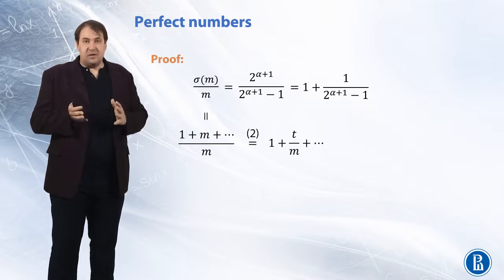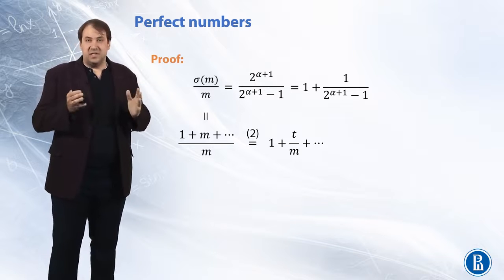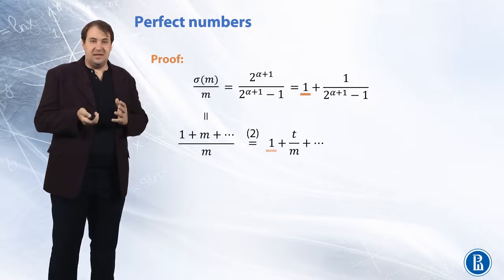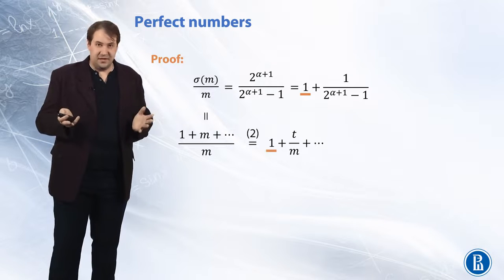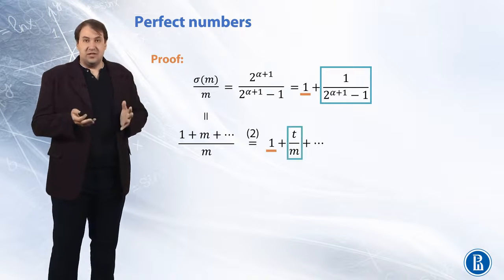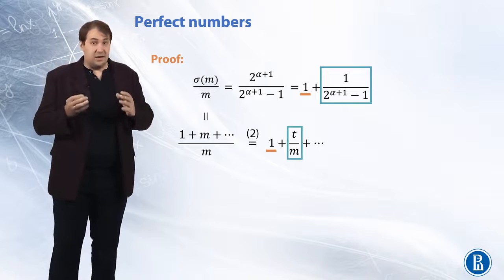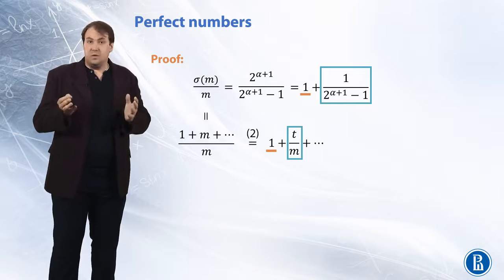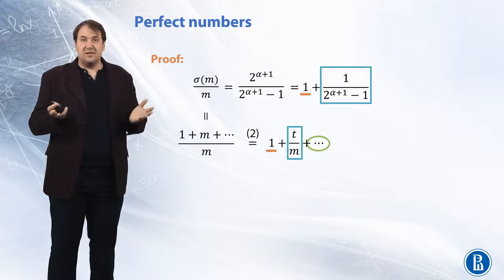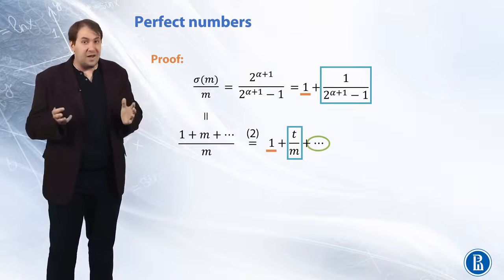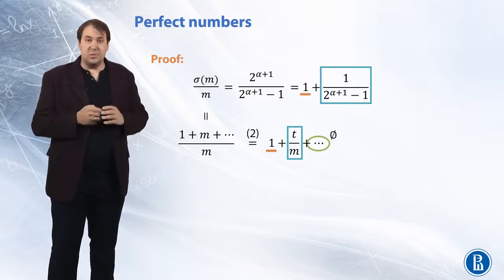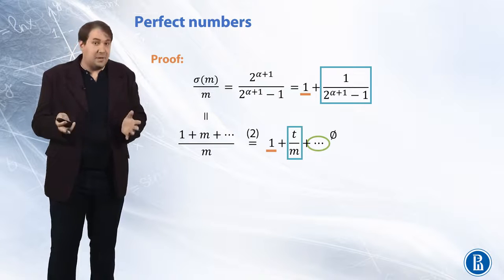So let us compare the two sides of the obtained equation. Now we see 1 and 1, so they are equal. And we see this fraction and this fraction, and we also understand that they are equal. But what about all the other summands over here? There must be no other summands, otherwise this equality would be false. So this set of summands is empty.